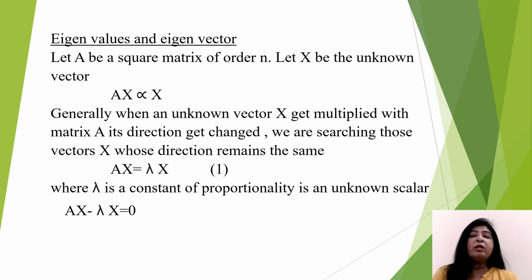When you remove this proportionality sign, you will get lambda, where lambda is the constant of proportionality. Now the equation becomes Ax = λx, which is given as number 1.